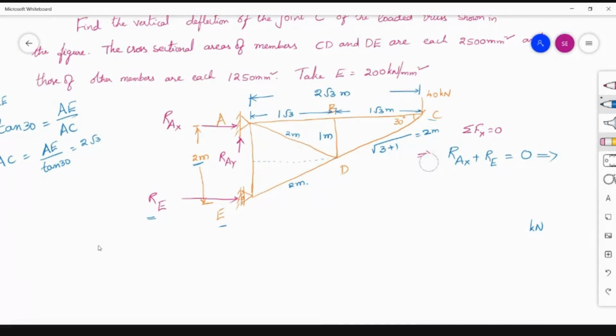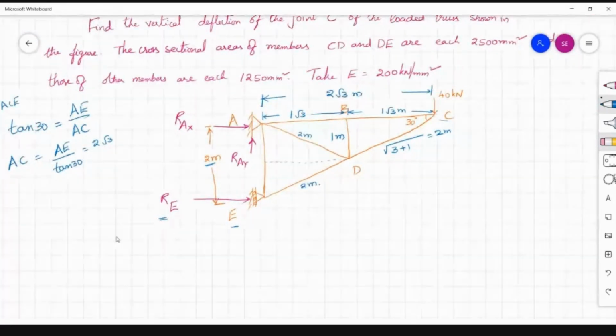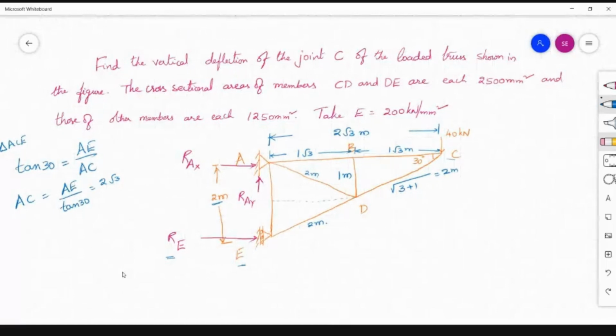Before going to the reaction calculation, I forgot to tell you one point. To determine the deflection, in the question they asked us to calculate the deflection at C. So obviously at C there is a load of 40 kilonewtons acting. If this load were not acting, we might have applied a fictitious load.